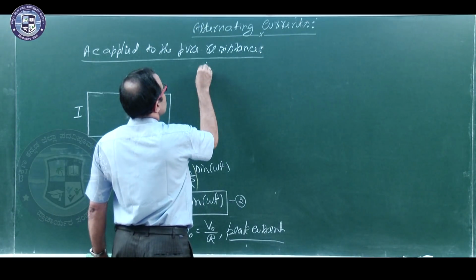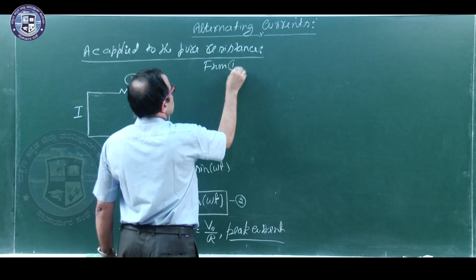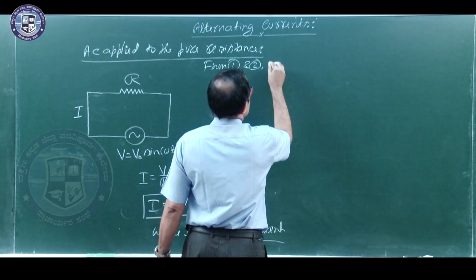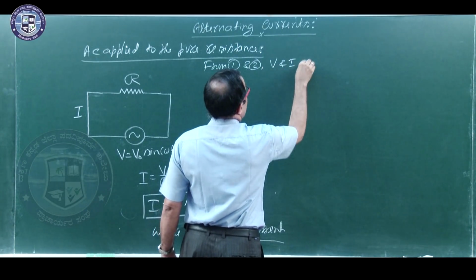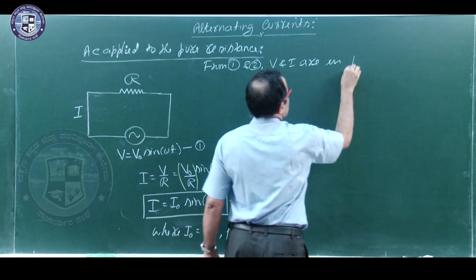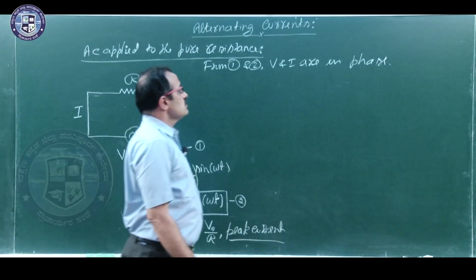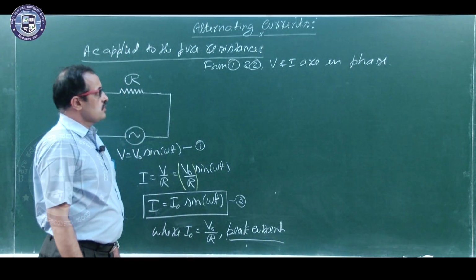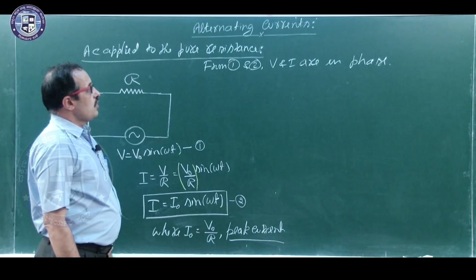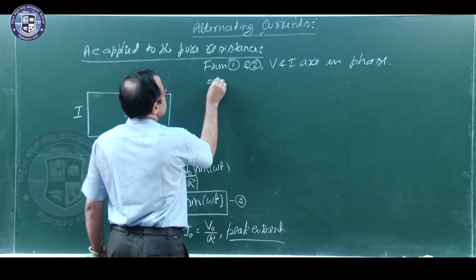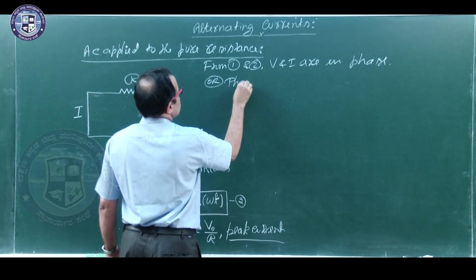So, from 1 and 2, we can say V and I are in phase. Or what is the phase difference between them?